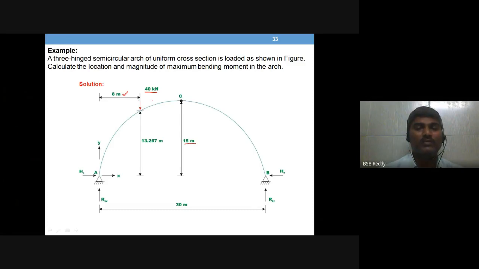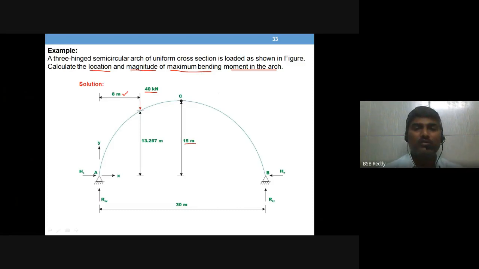So there is a single point load acting on the three-hinged arch. Now what is to be evaluated? Calculate the location and magnitude of the maximum bending moment in the arch. So this is what is required from this problem, right?